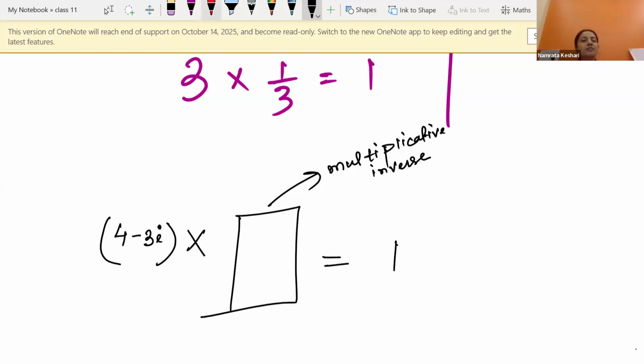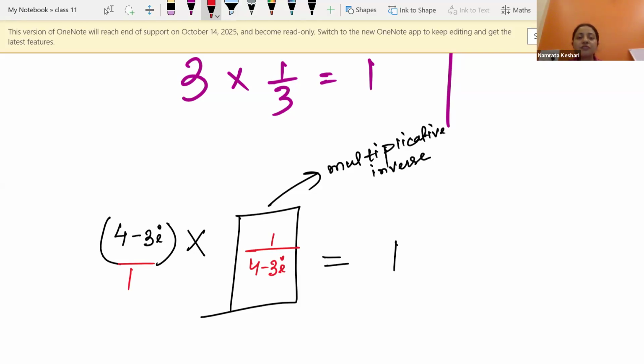As we understand, we have to take the reciprocal. Reciprocal means taking the denominator terms in the numerator and the numerator in the denominator. So the multiplicative inverse of 4 minus 3i will be 1 by 4 minus 3i. Are you understanding it? Everyone, are you getting it?